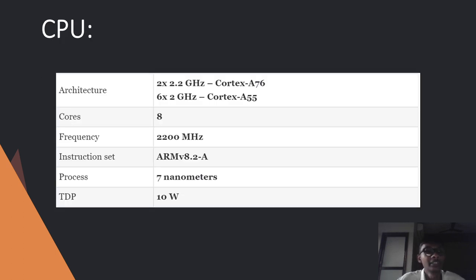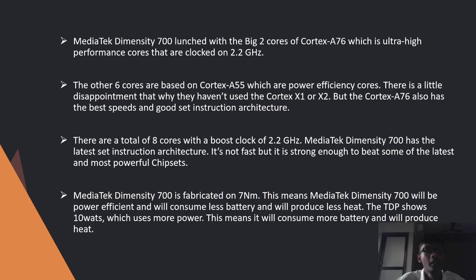There are some details about the CPU: the architecture, cores, frequency, instruction set, process and TDP. The MediaTek Dimensity 700 launched with two big Cortex A76 cores, which are ultra-high performance cores clocked at 2.2 GHz. The other six cores are based on Cortex A55, which are power efficiency cores.